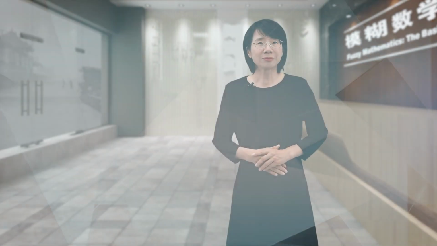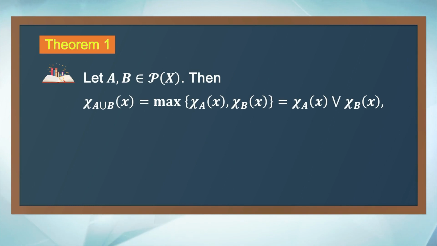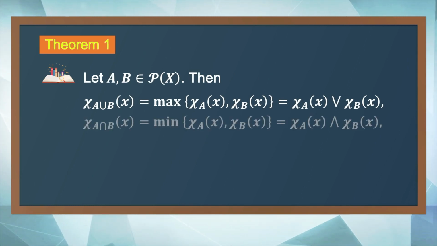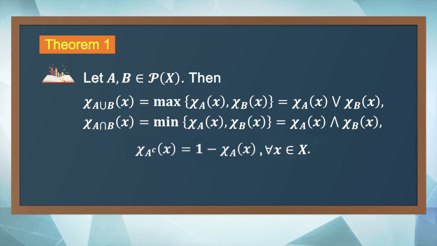Now we have the following theorem, Theorem 1. Let A and B be two sets. The characteristic function of the union is the maximum of the two. The characteristic function of the intersection is the minimum of the two. And the characteristic function of the complement is 1 minus chi sub A of x.